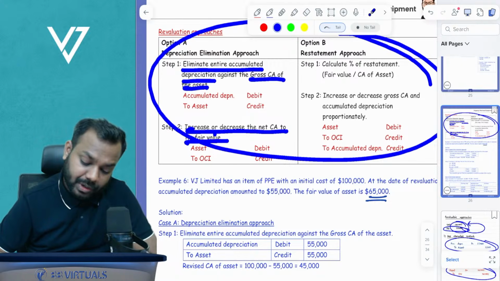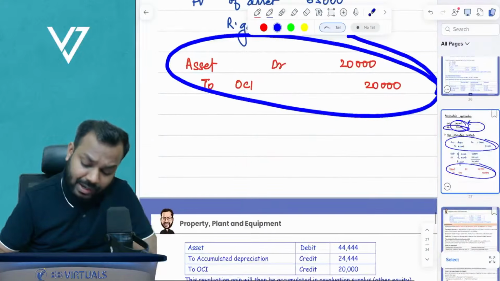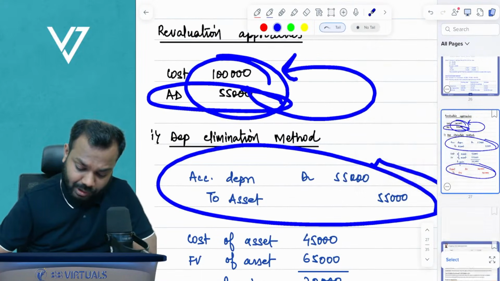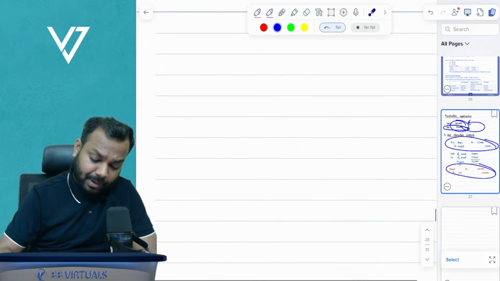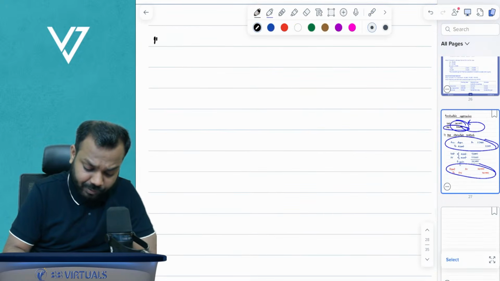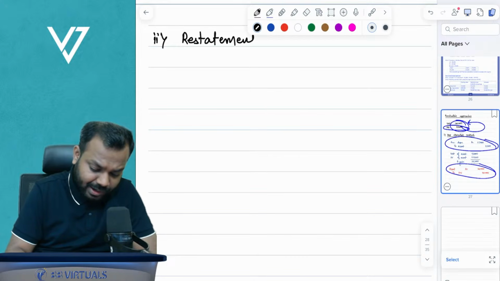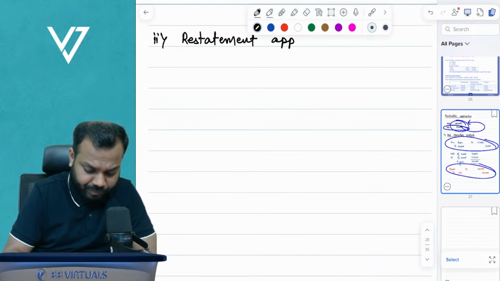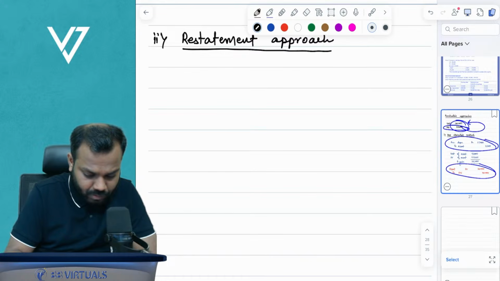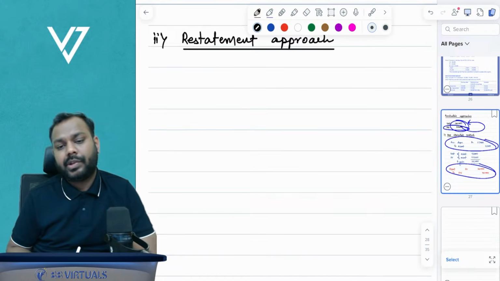Clear? Now, the second approach is the restatement approach. What happens under the restatement approach? Please understand.